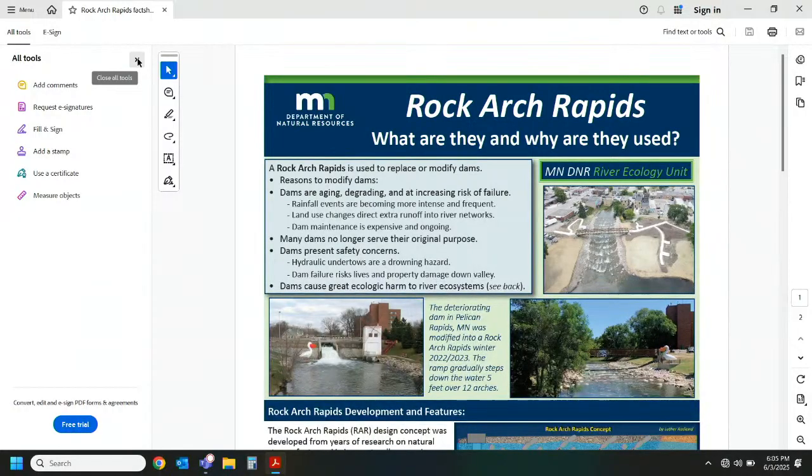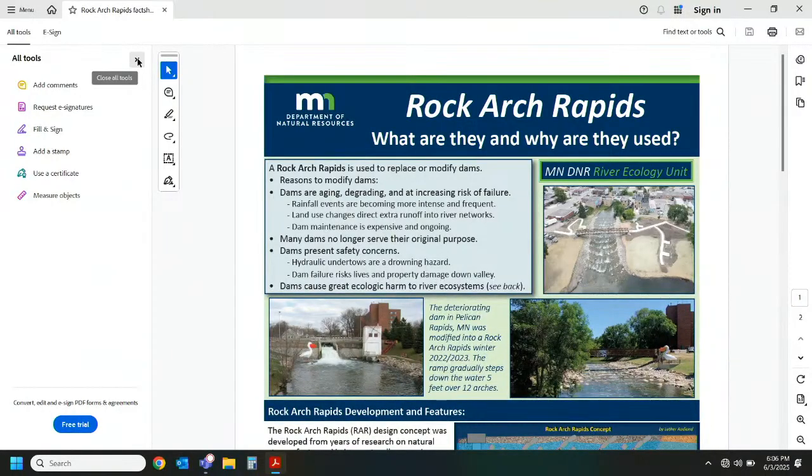The problem is you lose control, management-wise, of what you want to do, but it's something that's simple. In Hutchinson, they did this because the dam was failing.